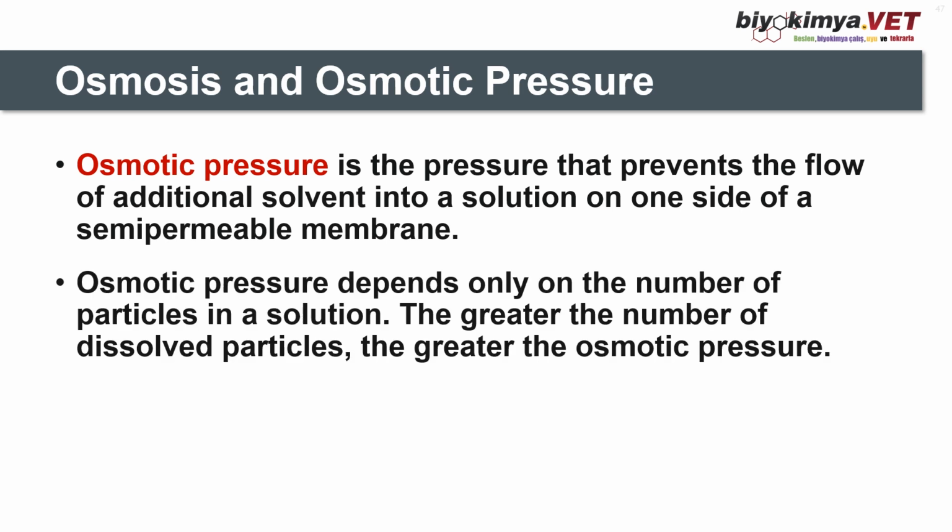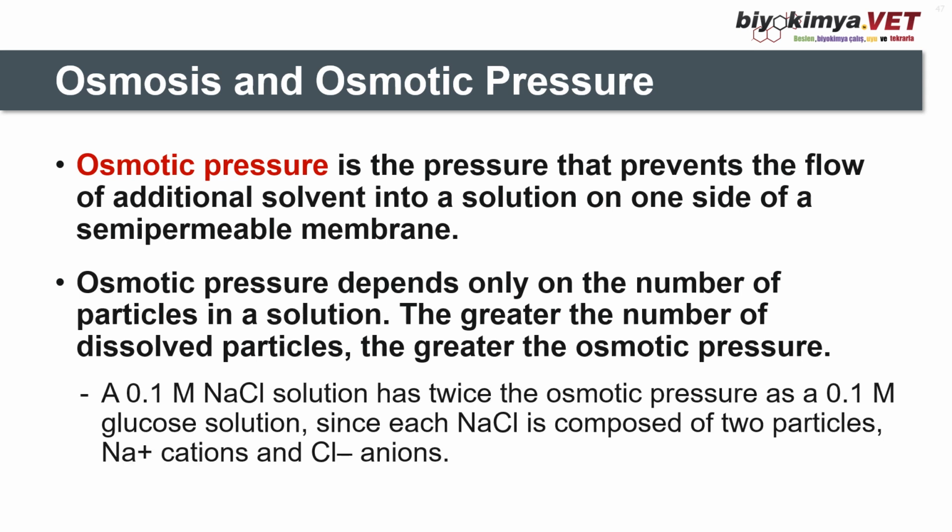Osmotic pressure depends only on the number of particles in a solution. The greater the number of dissolved particles, the greater the osmotic pressure. For example, a 0.1 molar sodium chloride solution has twice the osmotic pressure of a 0.1 molar glucose solution, since each sodium chloride is composed of two particles, sodium cation and chloride ion.